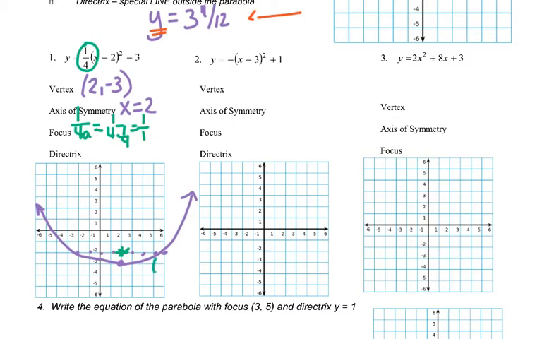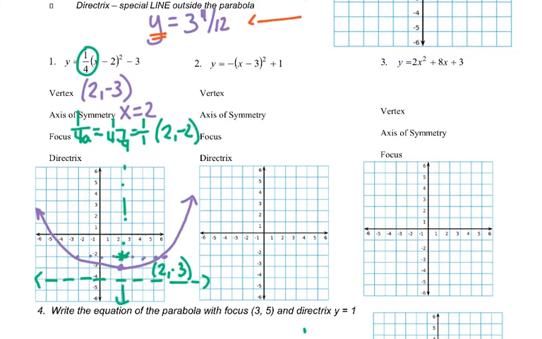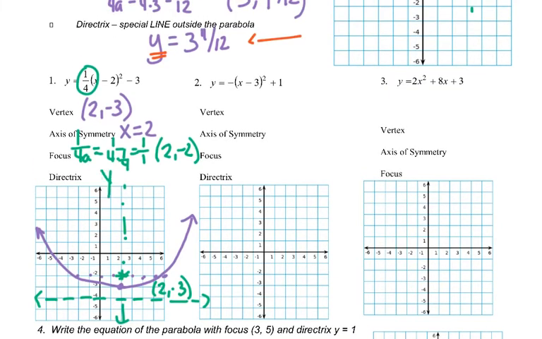So if I was at the ordered pair (2, negative 3) and I go up 1, what ordered pair am I on? Right, (2, negative 2). And then that's the same distance down, so if I go down from (2, negative 3) and make a horizontal line, that horizontal line is at y equals negative 4. I always forget to draw on the axis of symmetry.